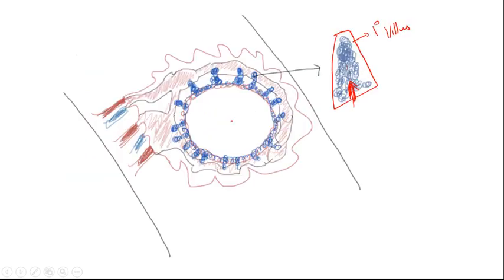We'll see from this image. See here, the villus will have the fetal capillaries. Here there is maternal blood, so there is exchange between them. So that is what happens there.